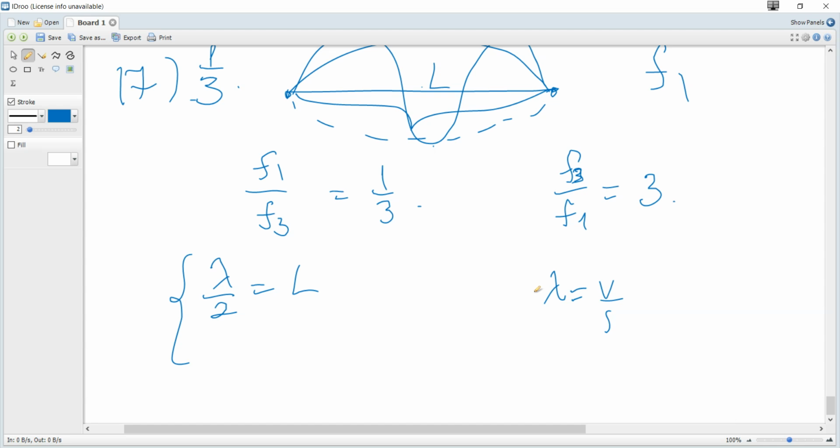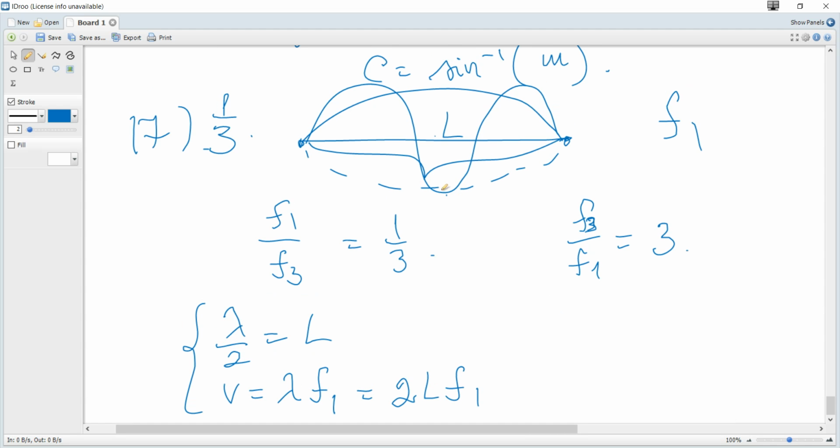So V is lambda f. So V is lambda times frequency 1, and lambda here is 2L, so it's 2L times frequency 1.